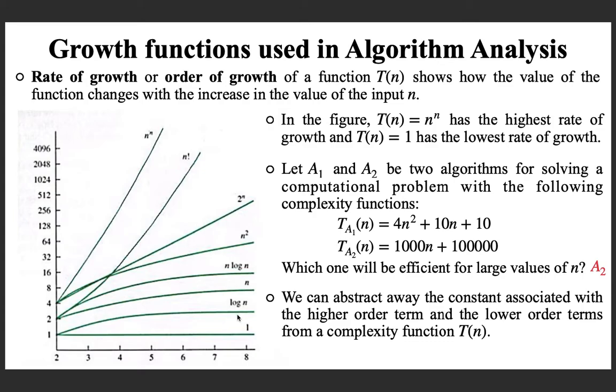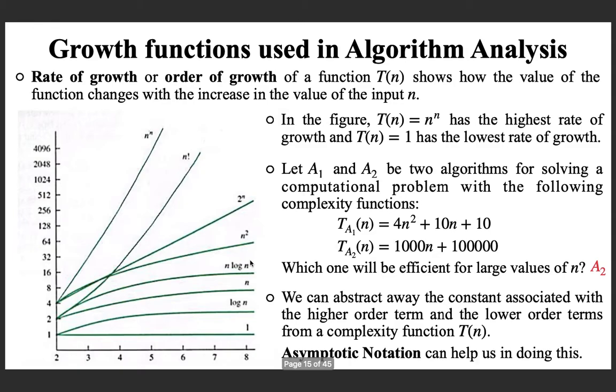Okay, the better one is 1, then log n, likewise it goes. Okay, after obtaining the function, maybe a polynomial or an exponential function, we may not be worrying about these lower order terms. We will be only looking at the exponent, whether it is n square or n log n, likewise.